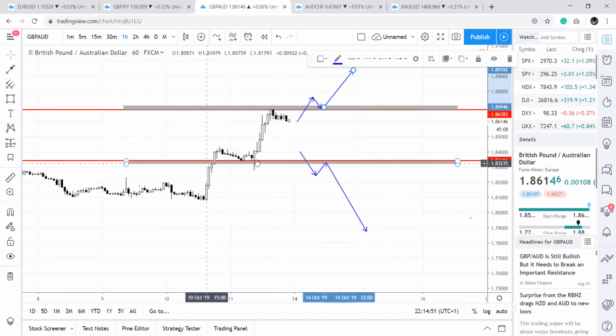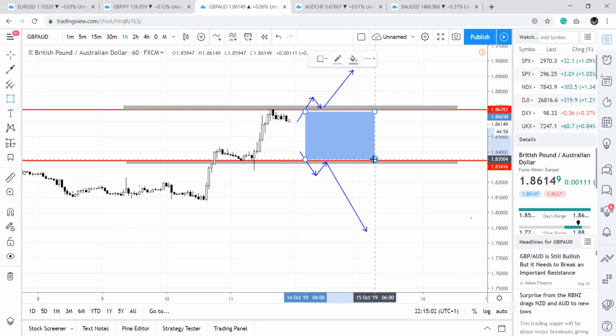We have already trapped price anyway. So I think it is not advisable for us to take any action inside this zone. Inside this zone for GBP AUD, don't take any action. So it's either you wait for it to break and retest up, or you wait for it to break and retest down. Once it's inside this zone like it is now, don't take any action.